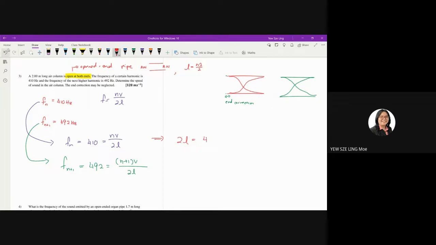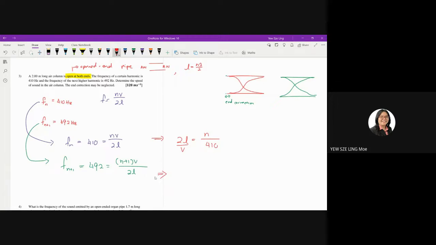Not 4, sorry. It should be nv divided by 410. Or maybe I can move v over here as well, because from the other equation I can obtain the same thing.